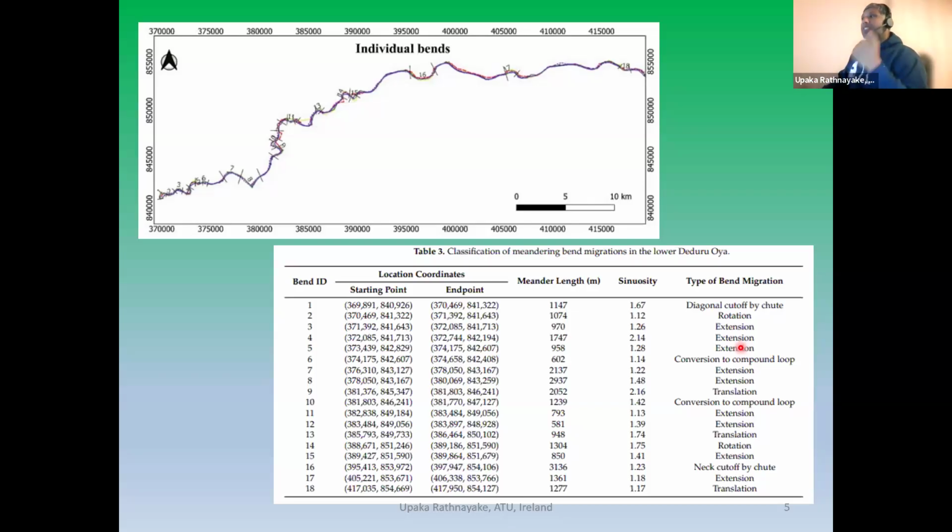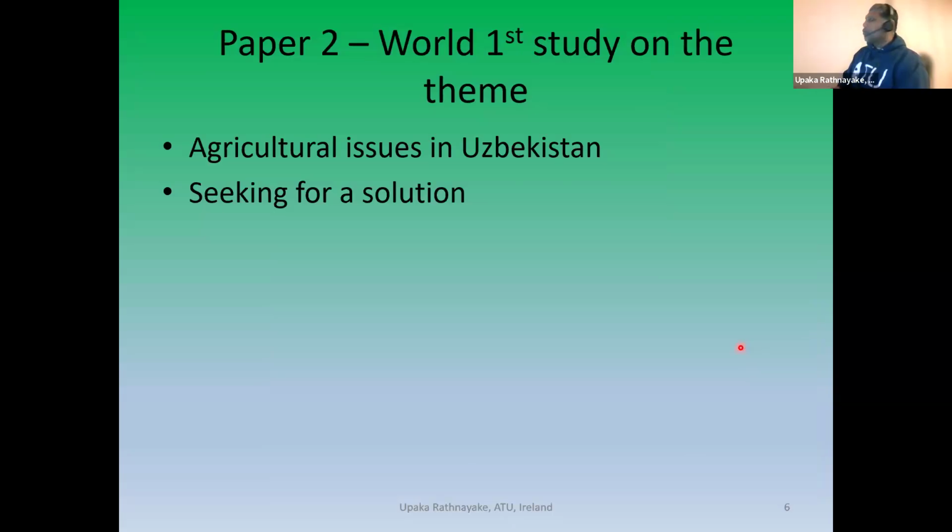So this is one of my own experiences which I wanted to share, and I wanted to share another experience. This is about paper number two. A research group in Uzbekistan is working under me, and we are working basically on health related issues, environmental issues, and agricultural issues in Uzbekistan.